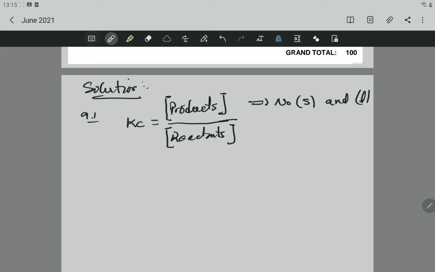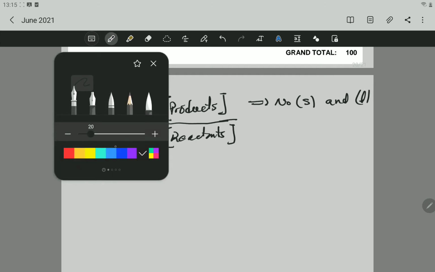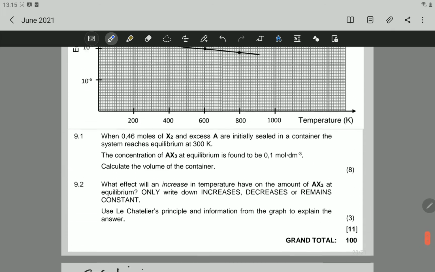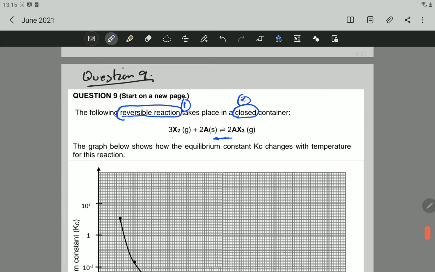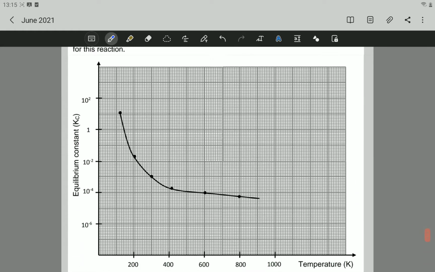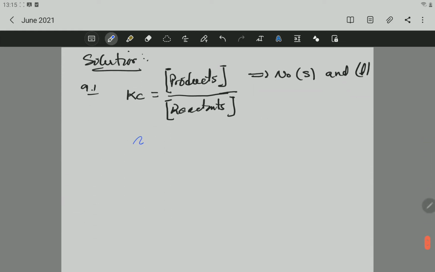Now let's write the Kc expression for this specific equation. In the product we have AX3. So the Kc for this expression is equal to the concentration of product, which is AX3.